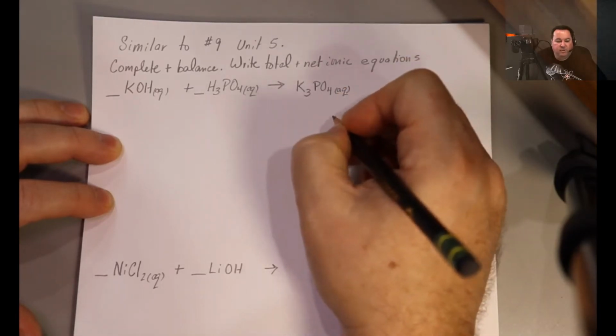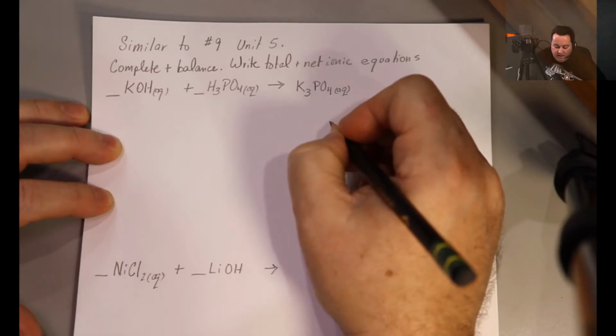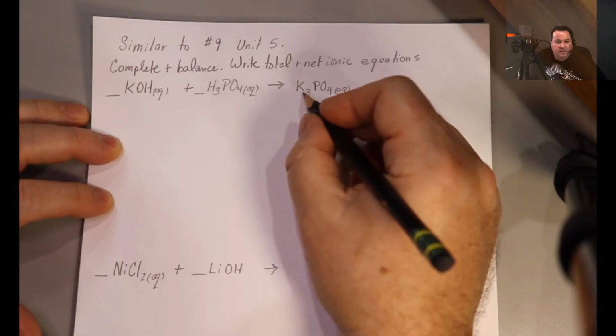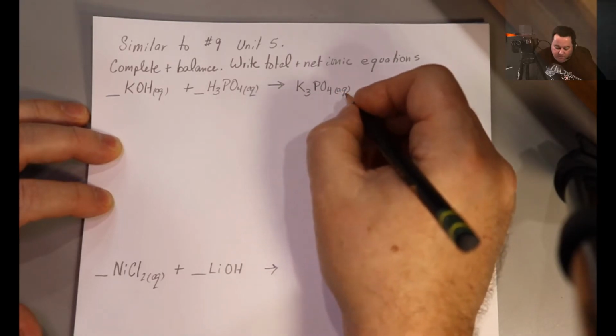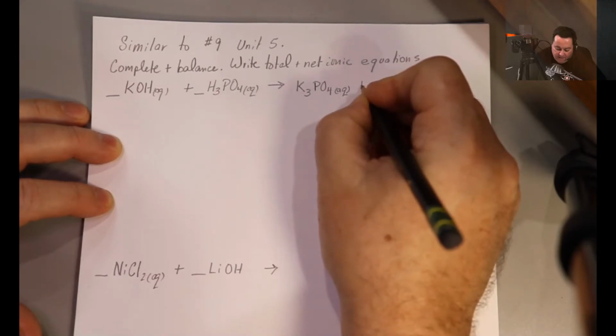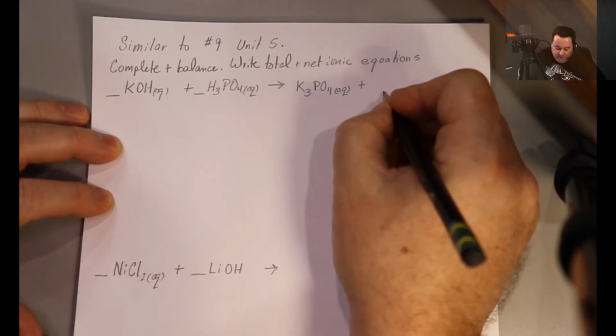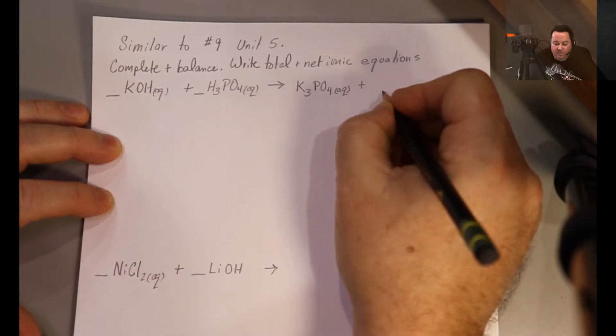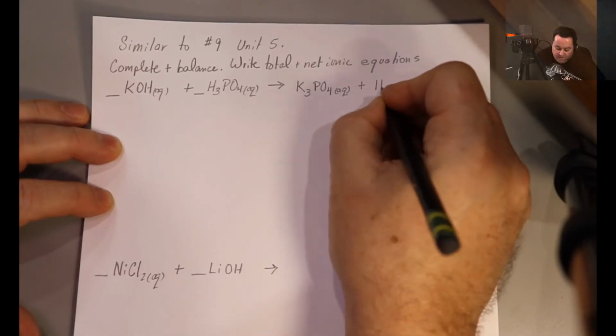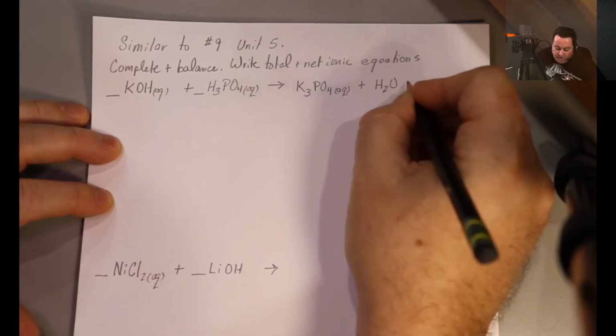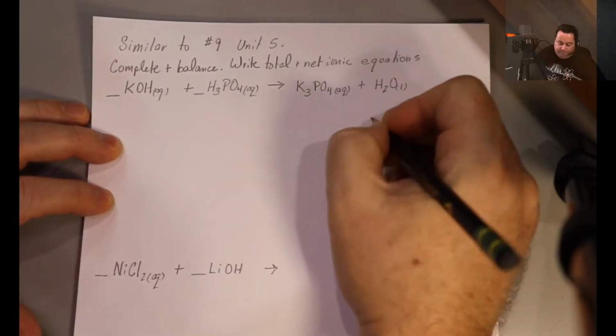Phosphates are not normally soluble, but they are with the 1A cations. So this will be aqueous, and the hydrogen from the acid, the phosphoric acid, meets with the hydroxide from the base, and we get the second product is water, and that is a liquid.